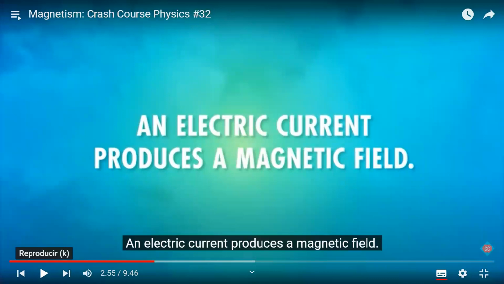And by the way, remember you guys, most of the things we're seeing during this course apply from A to B and from B to A. So what does this say here on the screen? An electric current produces a magnetic field, right? But we're going to see that it also works the other way around. A magnetic field can induce a current.